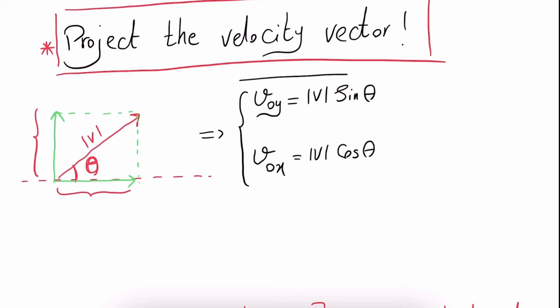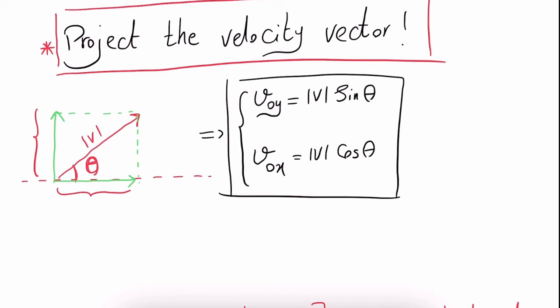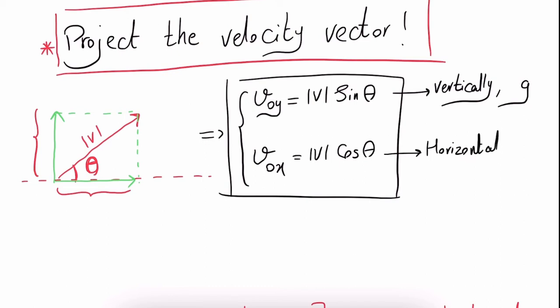Now that we have this, our problem gets much easier because it's actually now divided into two simple problems. One of which is concerned with throwing the ball vertically with an acceleration of g, and the other one is concerned with the horizontal movement of the ball with an acceleration of 0, which makes things much easier.